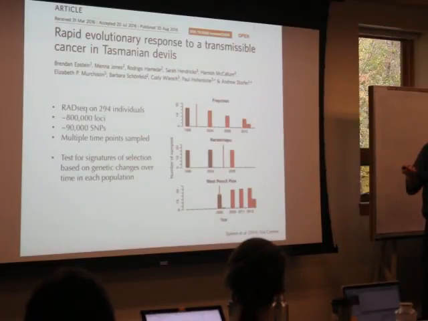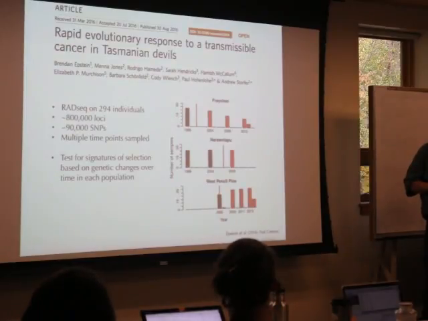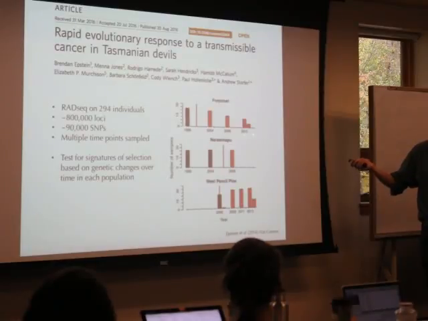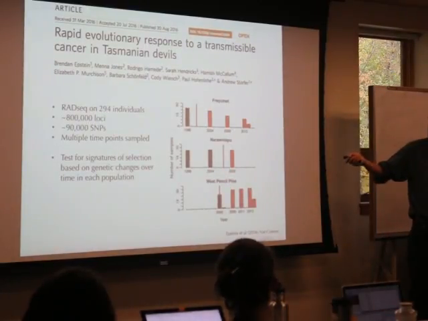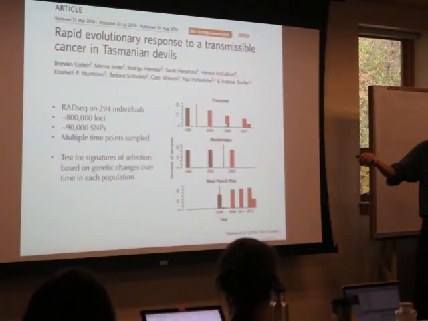So lots of loci. From that, we still got only 90,000 SNPs after all our filtering and stuff. But we have these multiple time points sampled. So the idea is that we're looking for signatures of selection based on genetic changes over time, from before to after the disease.